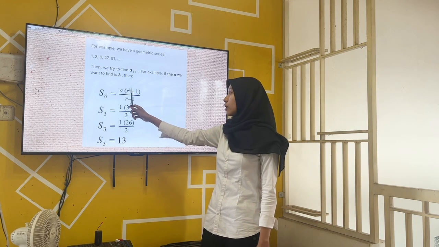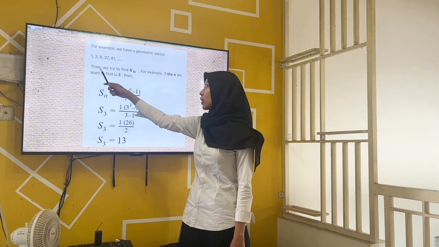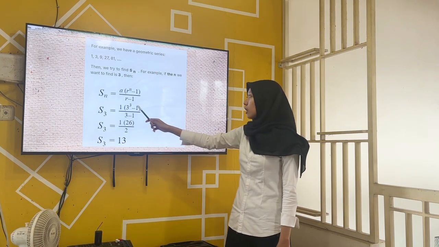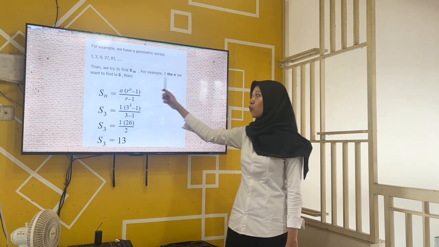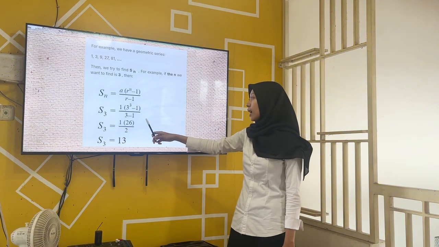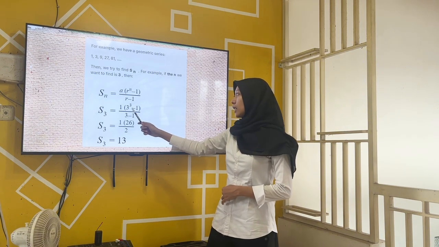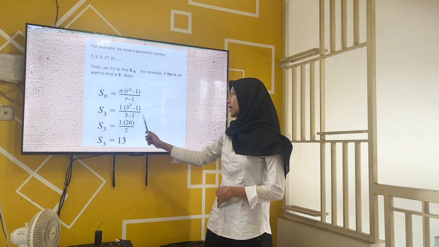The ratio is 3 because 1 times 3 is 3, 3 times 3 is 9, and so on. The n is 3 because the n we want to find is 3, then n minus 1. 3 to the power of 3 is 27. 27 minus 1 is 26.